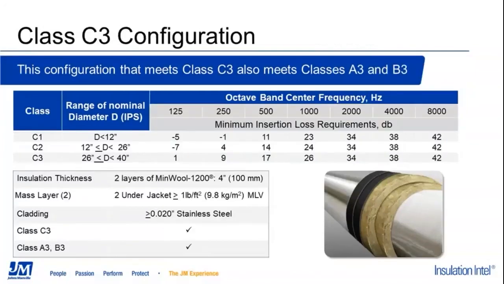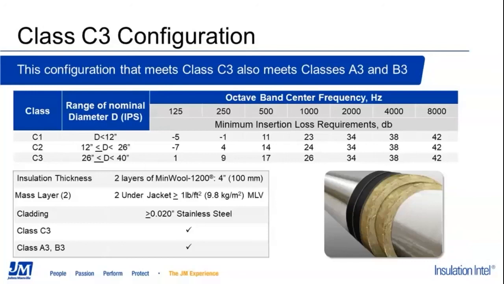Then moving on to the next more difficult configuration, that being the C3 configuration. You can see that it is very similar to that of the A3, B3, only it adds a second layer of mass-loaded vinyl. So it again starts with 2 layers of 2-inch mineral wool 1200, but then has 2 layers of 1 pound per square foot vinyl.